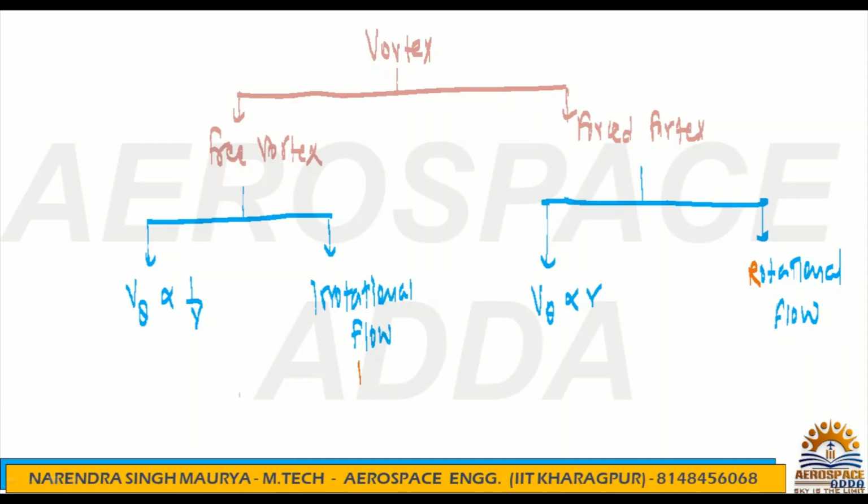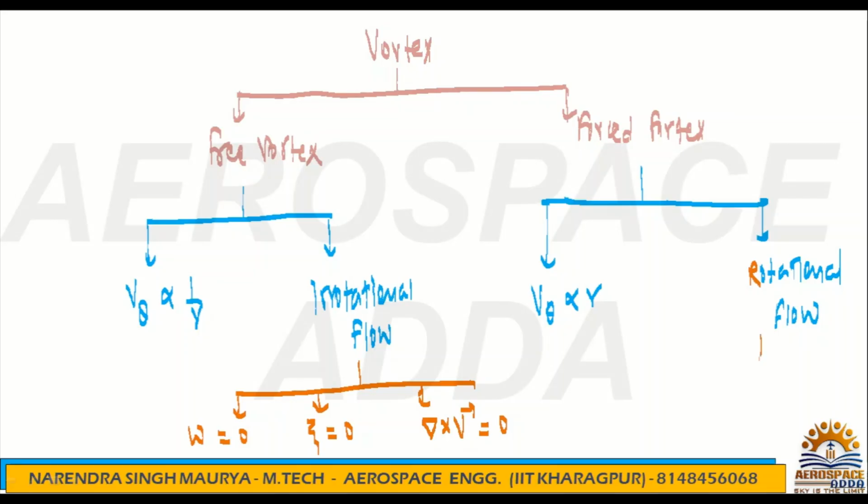So always remember, if it is irrotational flow, omega angular velocity will be 0. Xi, which is vorticity, will be 0. And obviously curl V, the vector cross product, this value will be 0, called irrotational flow.